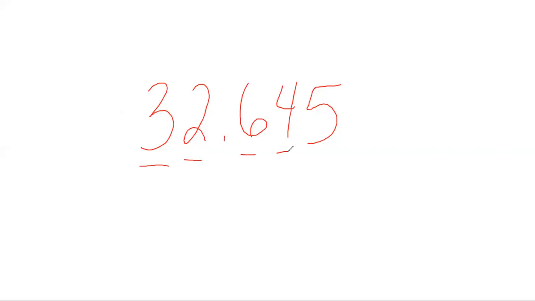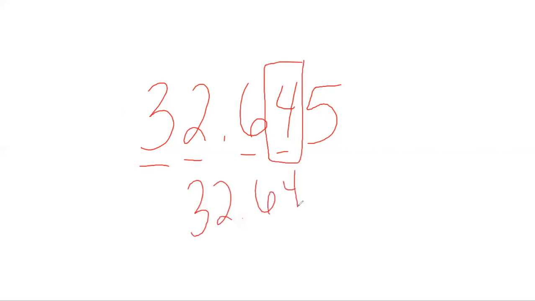If the digit is less than 5, we accept this digit in its last place, so we're not going to change that. It would round to 32.64. So if this number right here is less than 5, so if it was 4, 3, 2, 1, or 0, we wouldn't change the 4.